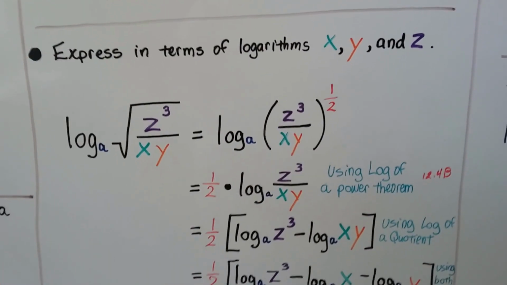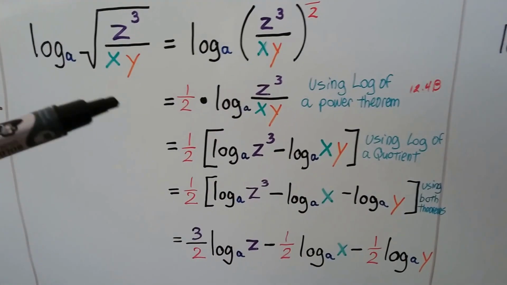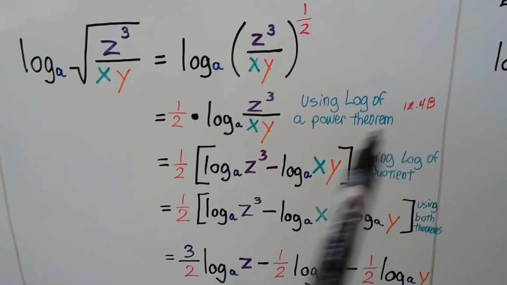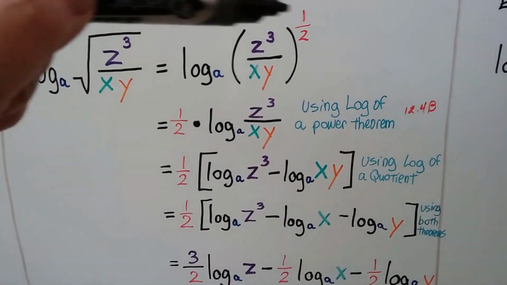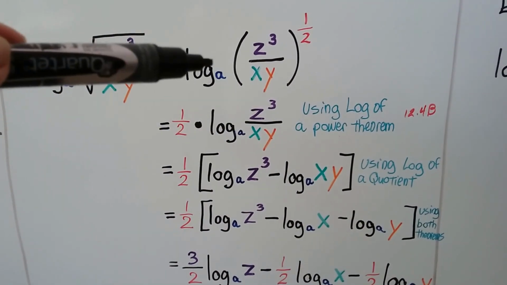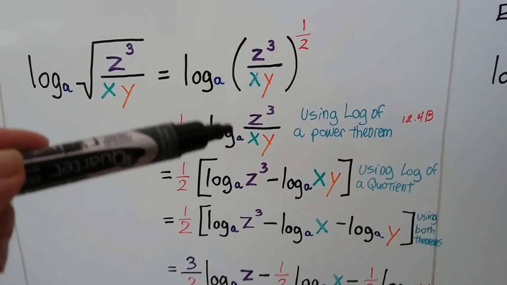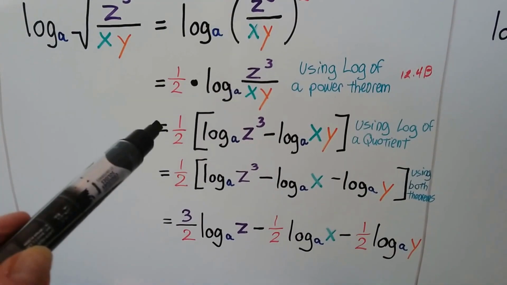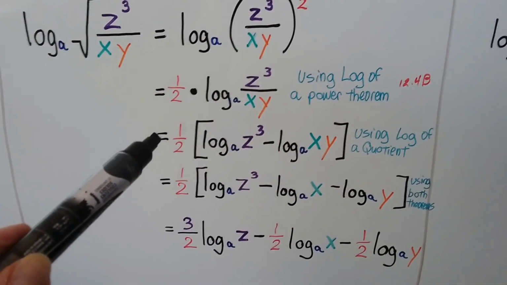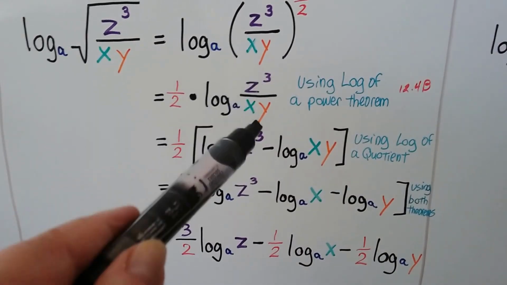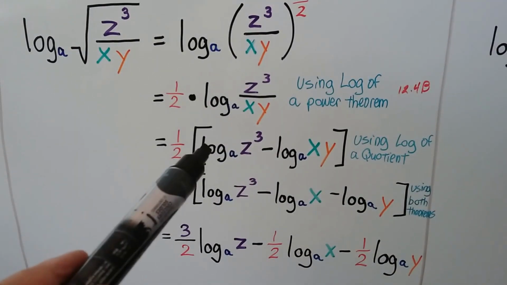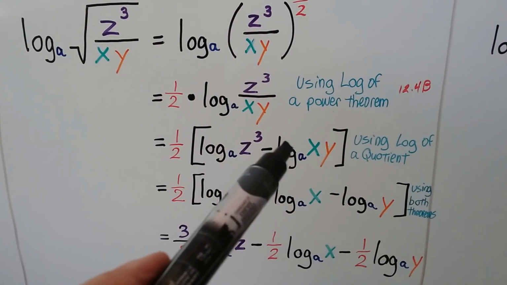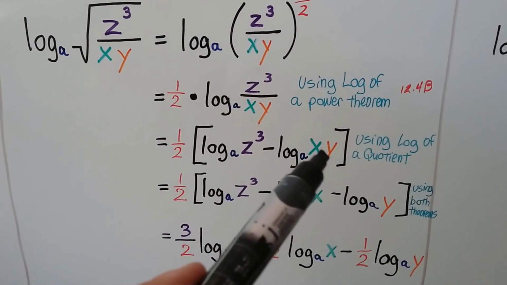So that makes it to the half exponent. Well, using the log of a power theorem that we talked about in 12.4b, that means we've got half times the log of the quotient of z cubed and xy. Using the log of a quotient, we're going to subtract, aren't we? So now we've got half times the log base a of z cubed minus the log base a of xy.